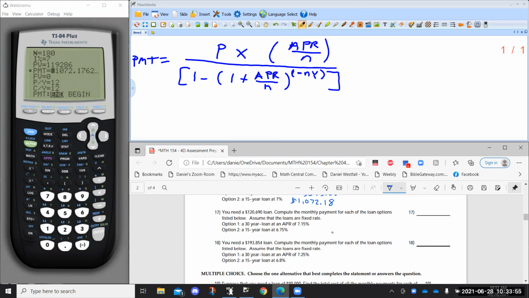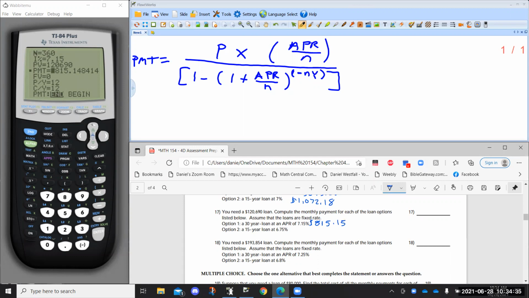Moving right along to number 17. Need $120,690. First loan option is 7.15% for 30 years. It's going to be a $815.15 payment.